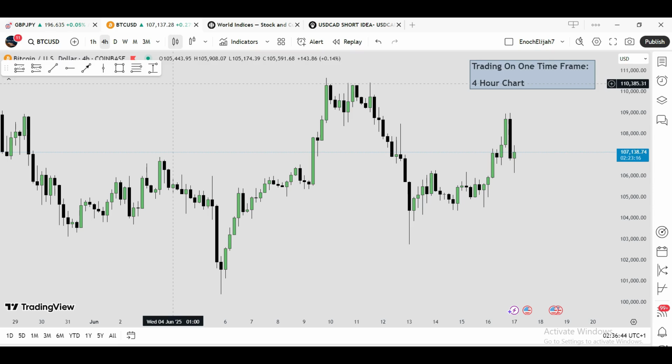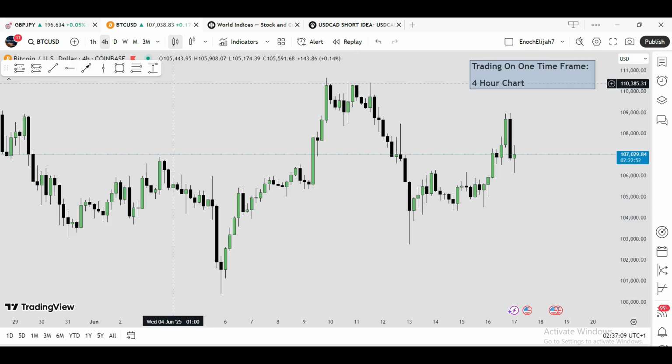Now, to do this, there are 2 time frames I recommend you use. You should either use the 4-hour chart time frame or the daily chart time frame. Don't go below the 4-hour time frame for this model.